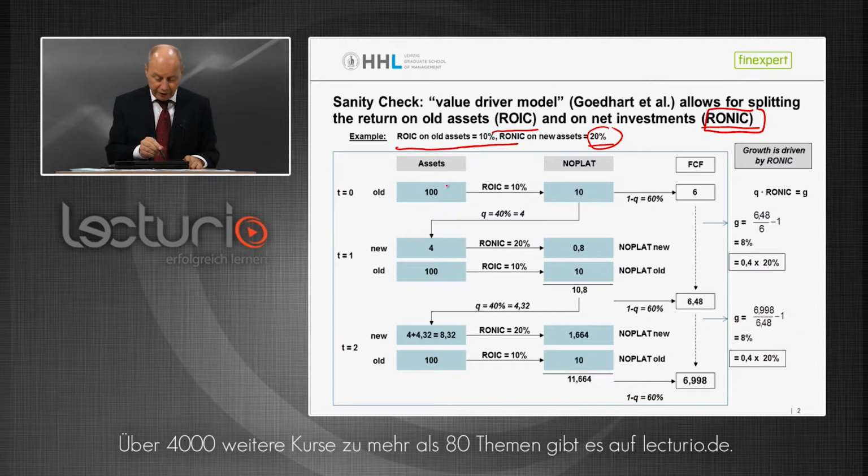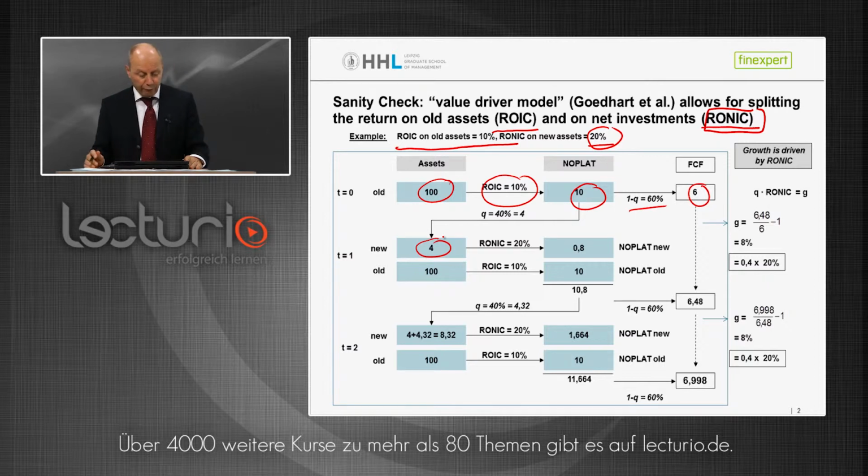So we start again with 100 assets earning a rate of return of 10% and yielding a NOPLAT of 10. Again, 40% is retained and 60% is cashed out, so we have a free cash flow in the first period of 6. 40%, 4 out of the 10, is retained, and we have new assets of 4.